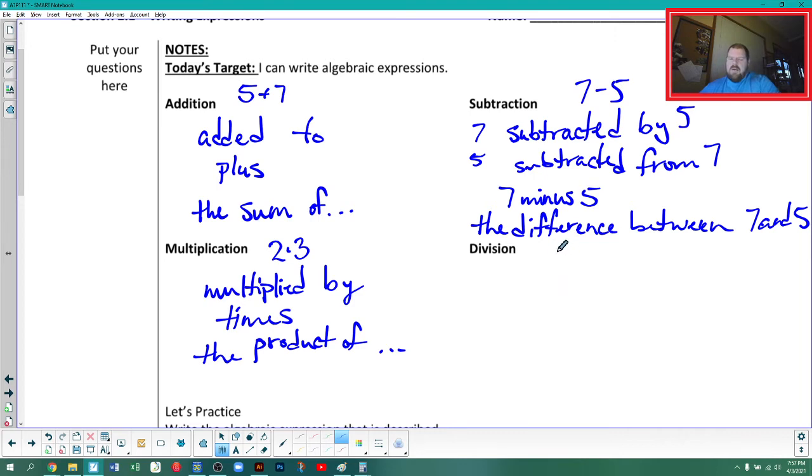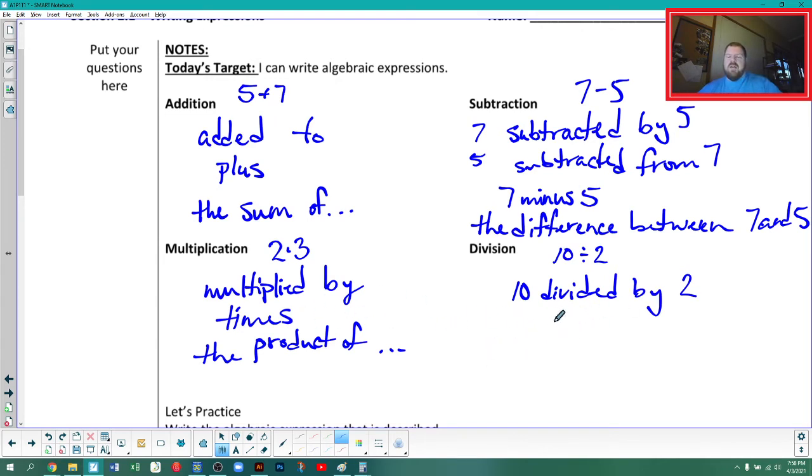Division, let's go with something that works out. Let's think about 10 divided by 2. And again, with division, just like subtraction, the order does matter. I don't want to say 2 divided by 10. Whereas over here, I could have said 3 multiplied by 2, and you'd get the same thing. It might not look the same, but you would get the same answer. So we might say the basic one, 10 divided by 2. There's no quick way.